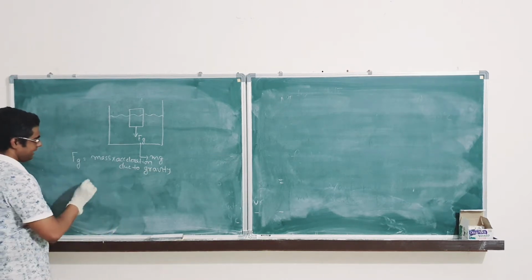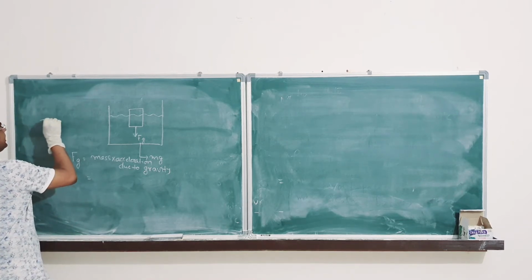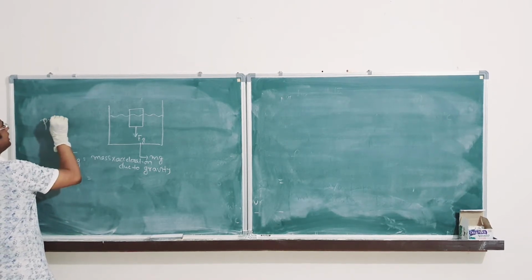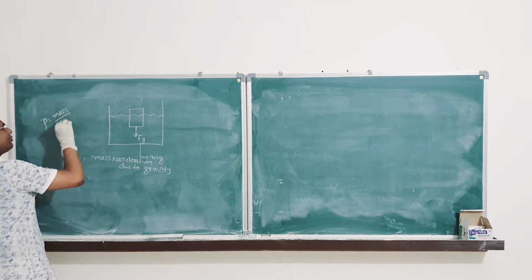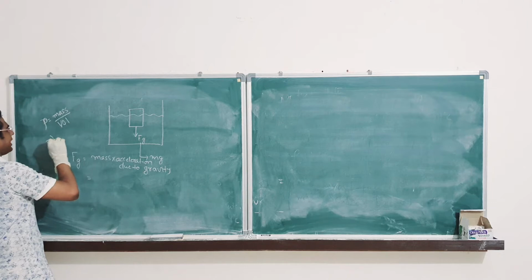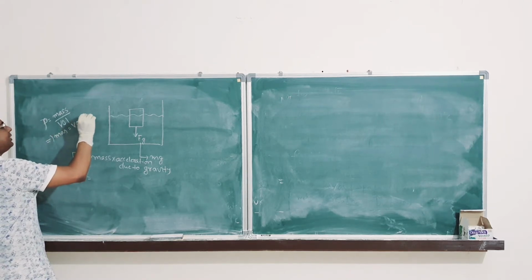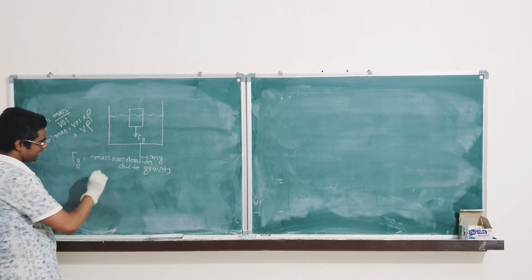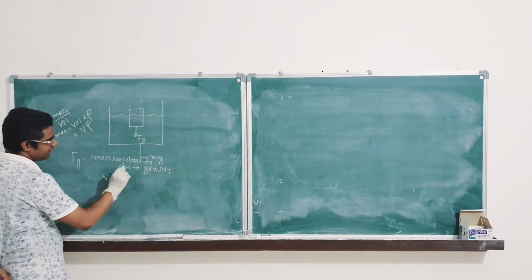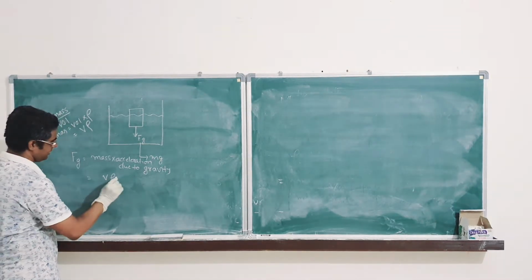And mass you can write, see, density rho is equal to mass by volume. So we can write mass is equal to volume into density. So if I write V rho like this, I can write here V rho, and this acceleration due to gravity we denote as g.